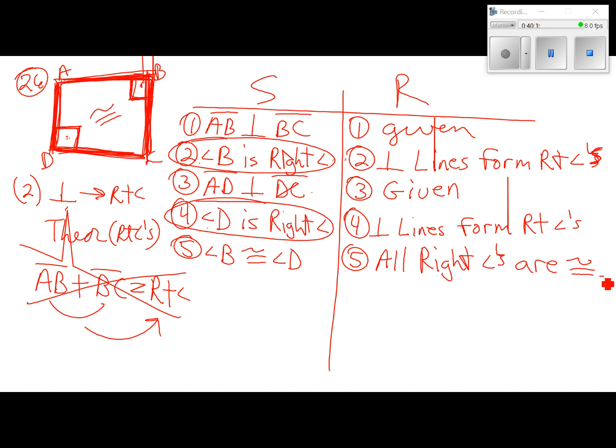Some of you went through and did it the long way, and that's fine. If you say that this is a right angle, then it's 90 degrees, and this is a right angle, so it's 90 degrees because all right angles are 90 degrees, and then use substitution to end up with angle B is congruent to angle D. That's fine. It just took longer. This is the shorter method to do it once we know that theorem.